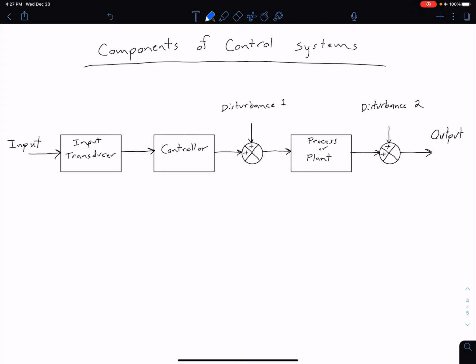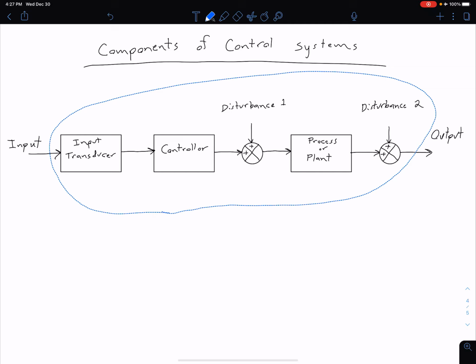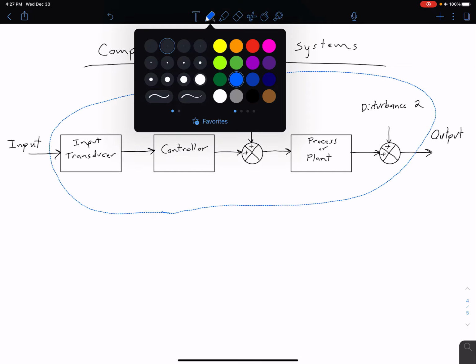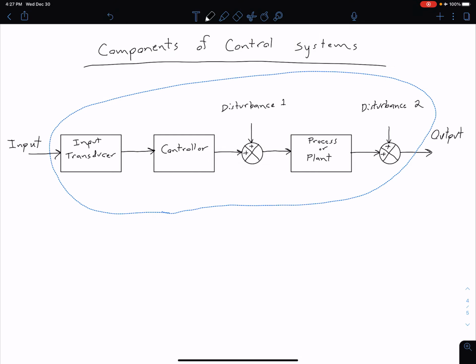So here I have a relatively simple block diagram showing a control system. Everything circled in this blue dashed line is part of our control system. Of course, on either side of that we have an input on the left and an output on the right. Those two things are pretty self-explanatory, though sometimes we might see them called something a little different.